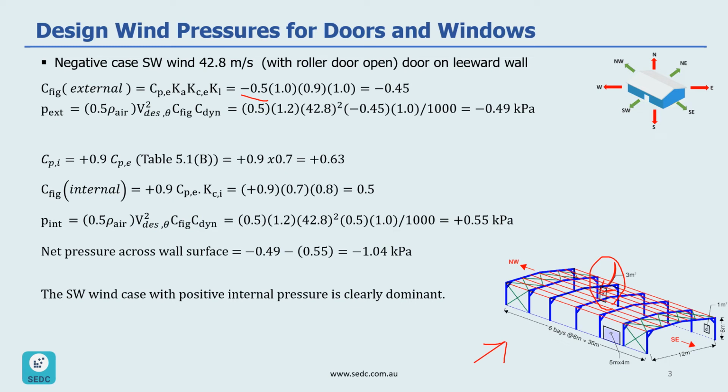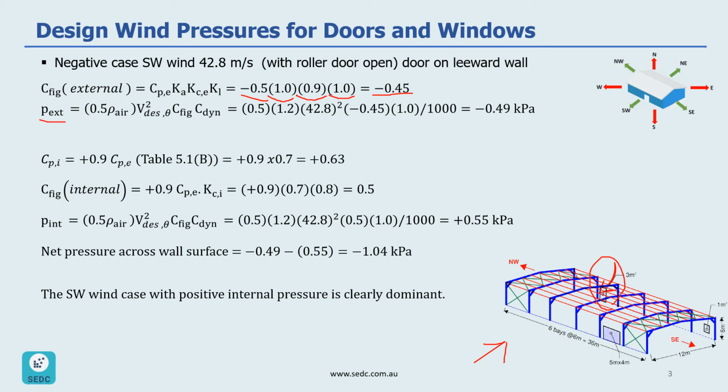Ka would be 1, again for leeward walls. And our Kc and E is 0.9. This is for doors and windows when we have internal and external pressure. And our KL would be 1. This is the case for leeward walls. So our Cfig would be negative 0.45.